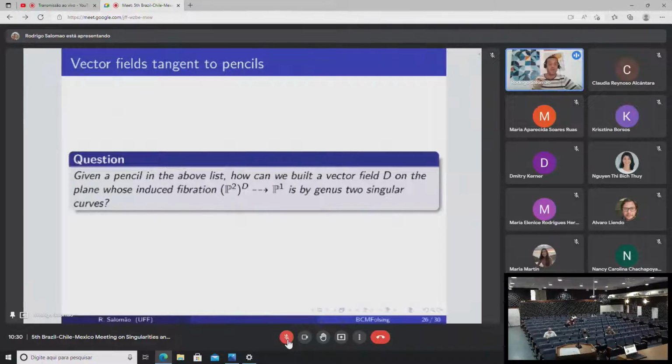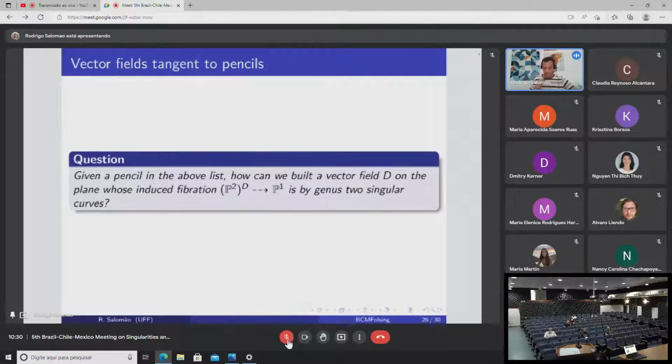So we can ask this question: given a pencil in the above list, how can we build a vector field on the projective plane whose induced fibration is a fibration by singular curves of genus 2? It's a natural and geometric question that we can answer with an algebraic approach. And this algebraic approach is the following.